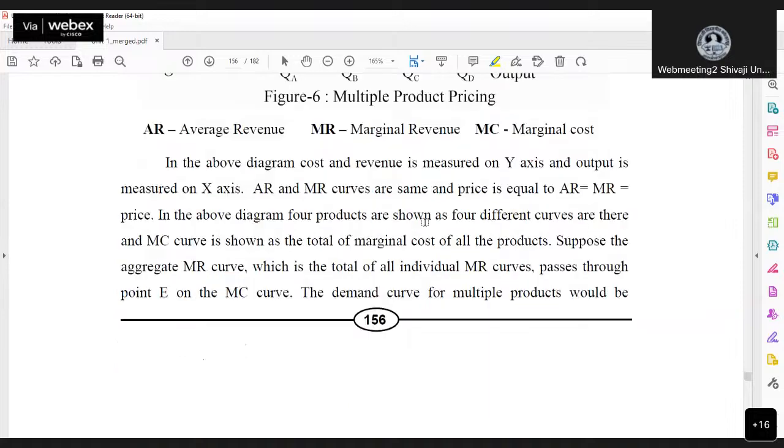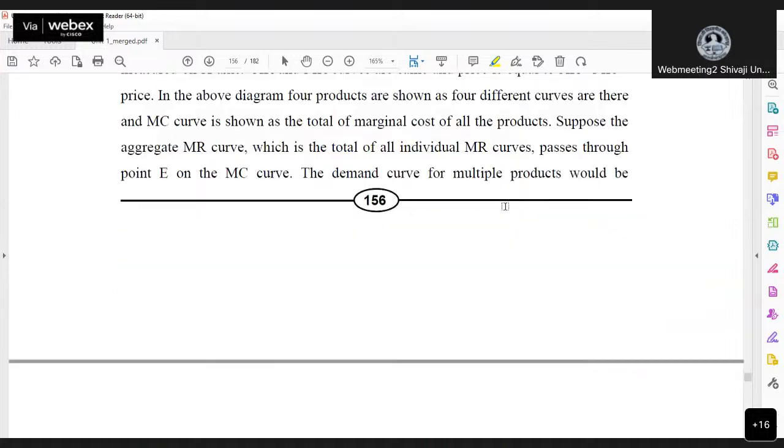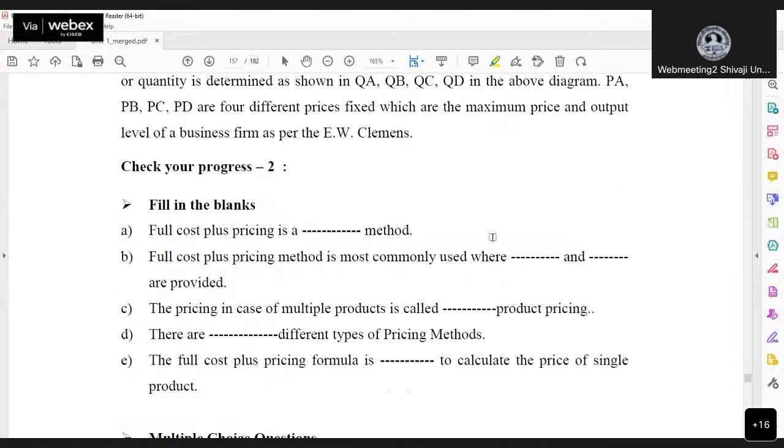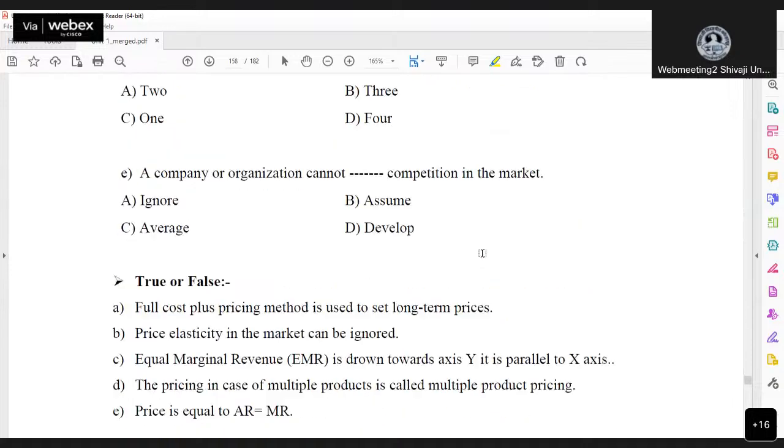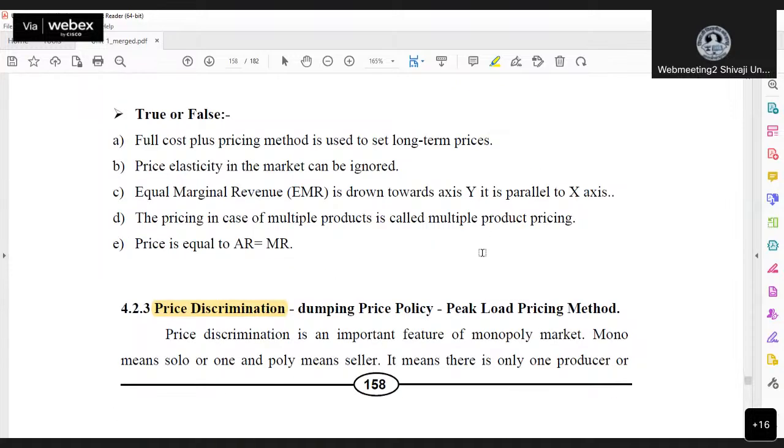Again, there is a graph here also, on multiple product pricing. You have to revise your study pattern and methodology, so that you remember all these graphs, how to bifurcate them using their titles, how to draw each graph and how to describe it.